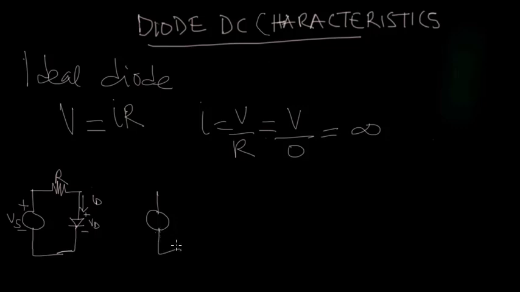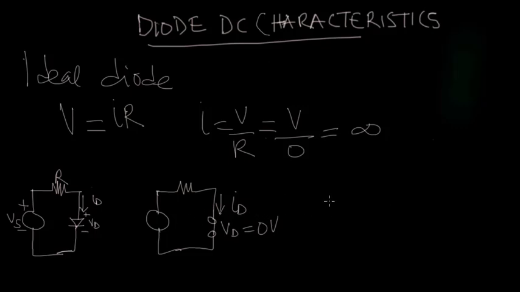Now, let us look at the similarities between the ideal diode in the forward direction and that of a closed switch. Because the switch is closed, current ID will flow through the circuit, and there is no voltage drop across the diode. Voltage drop is zero.